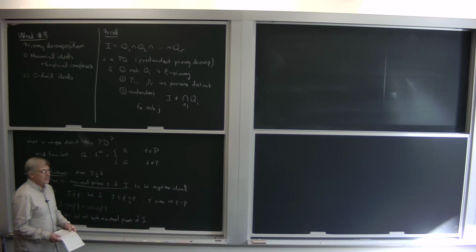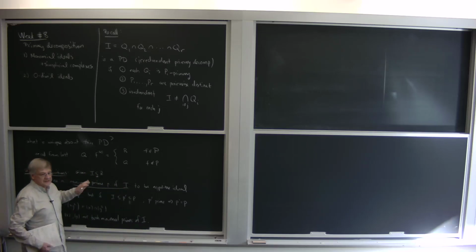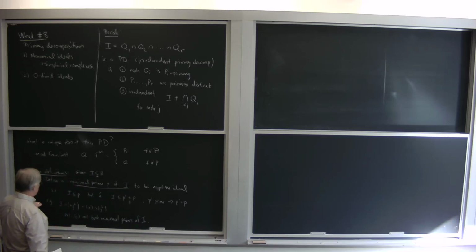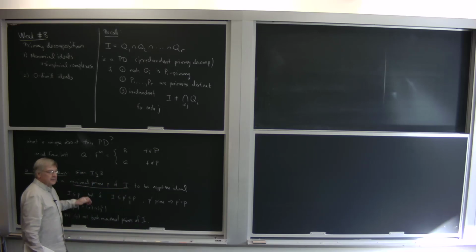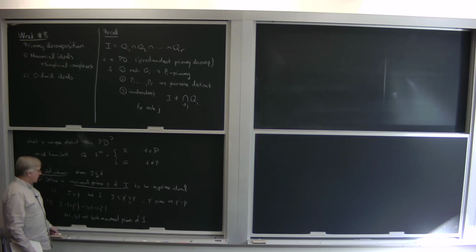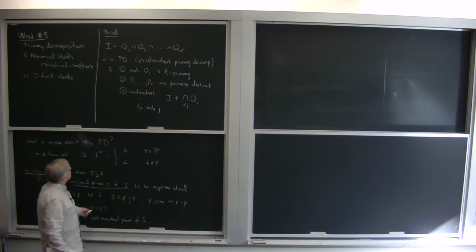By the way, unfortunately, I do not have these notes nicely written down in the Jupyter notebook that I still plan on making one out of. This stuff is still in, but the stuff later on will not be. Okay, so that's a minimal prime of I. There's always a finite number of them.